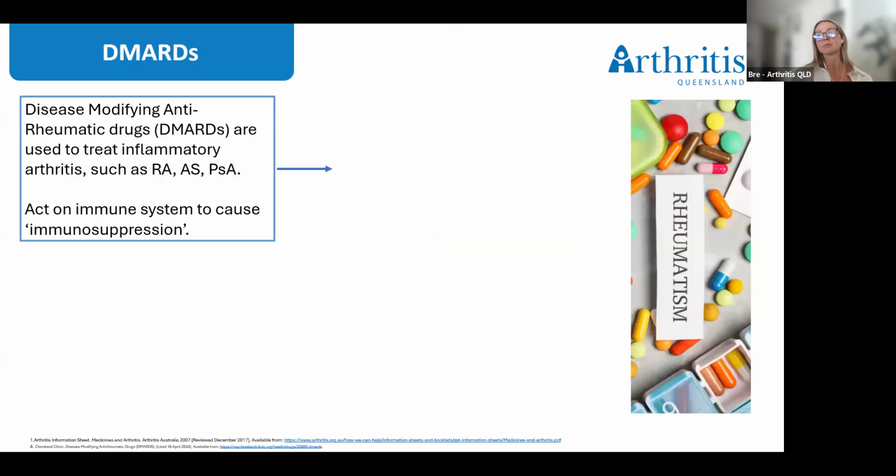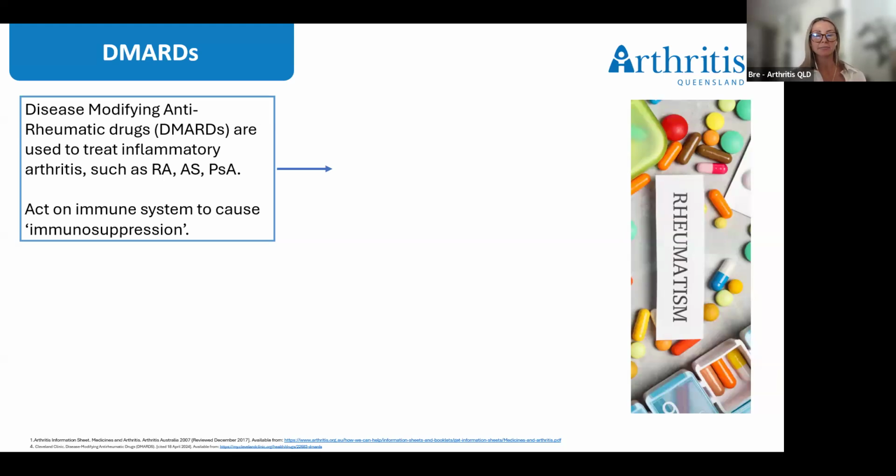All right, so the next ones that we're going to talk about are DMARDs, which stands for disease-modifying anti-rheumatic drugs. I'll be referring to them as DMARDs. These are used to treat inflammatory forms of arthritis, such as rheumatoid arthritis, ankylosing spondylitis, and psoriatic arthritis.